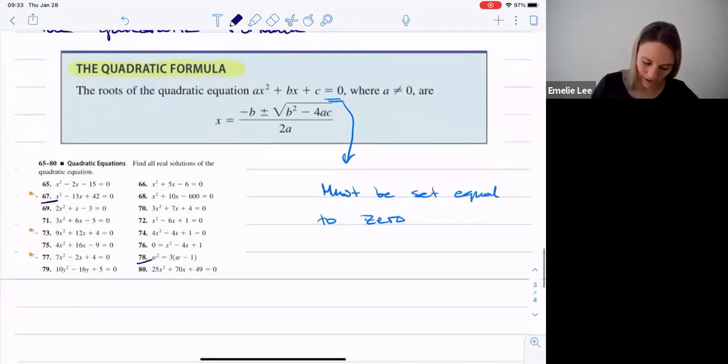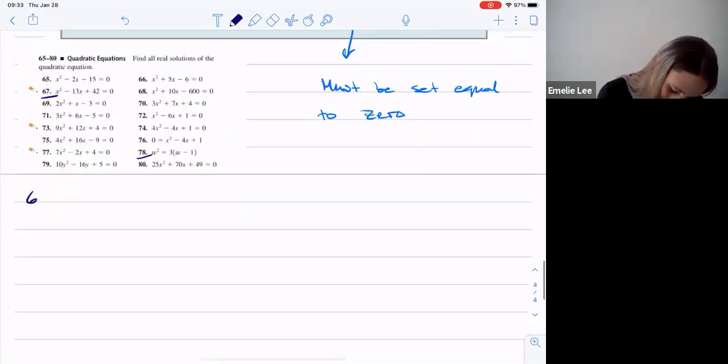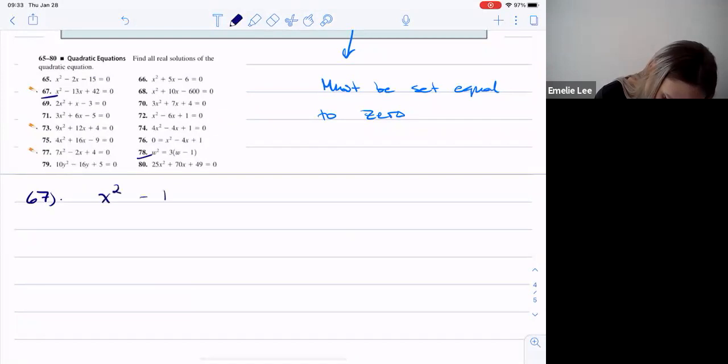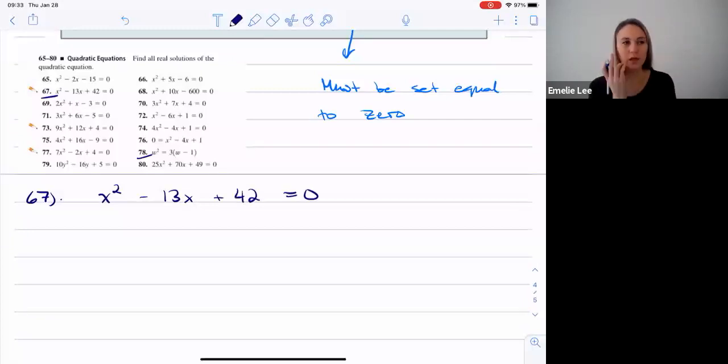Okay, so 67. What we want to do is we've got x squared minus 13x plus 42 is equal to 0. So we want to find all real solutions to this quadratic equation.